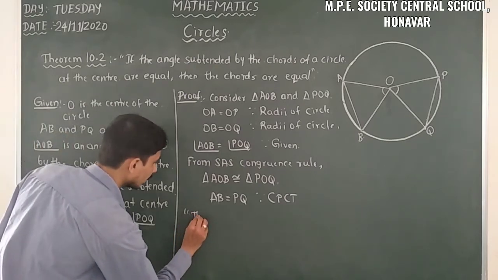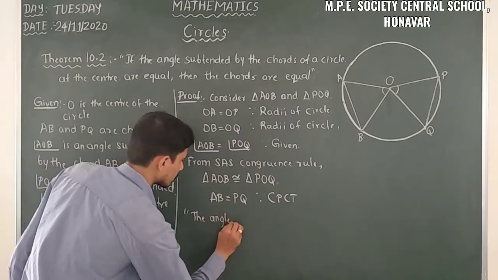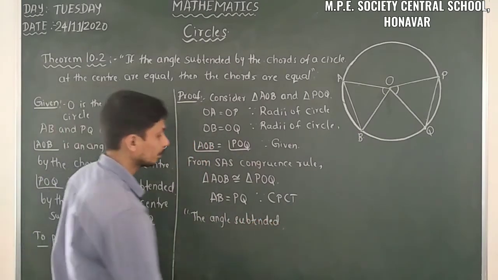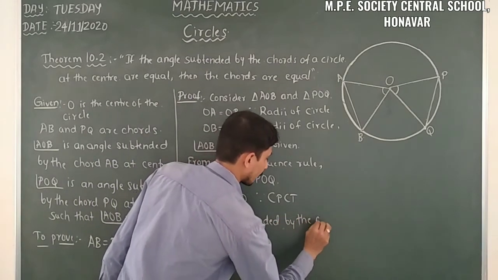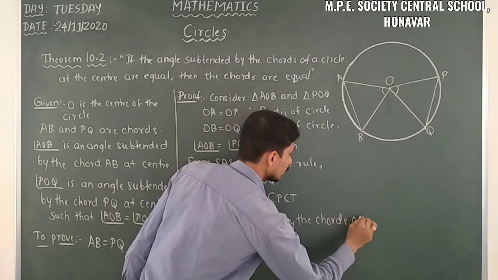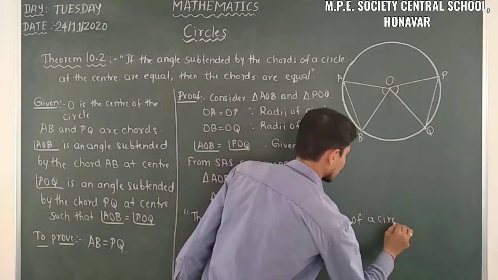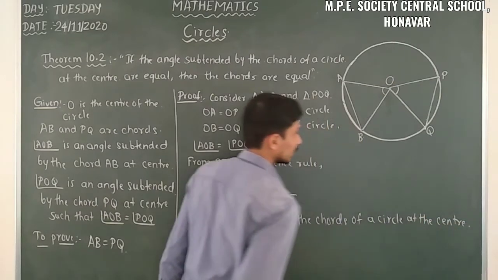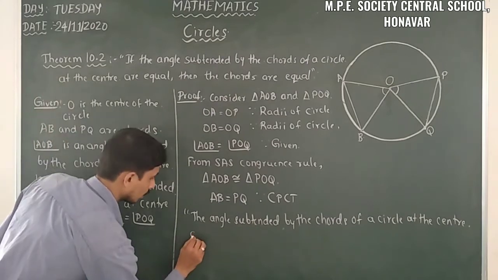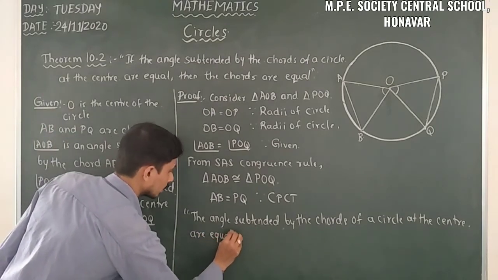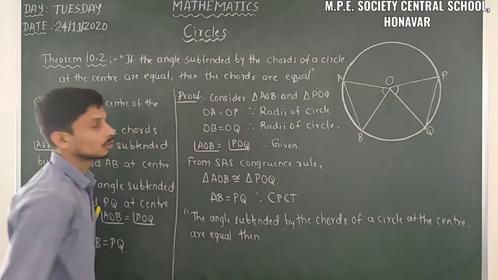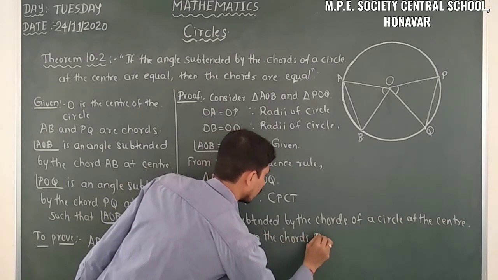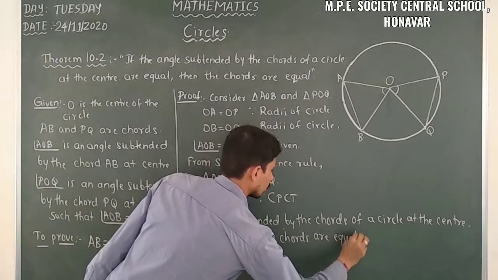If the angles subtended by the chords of a circle at the center are equal, then the chords are also equal.